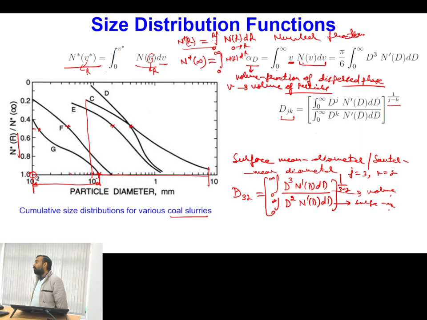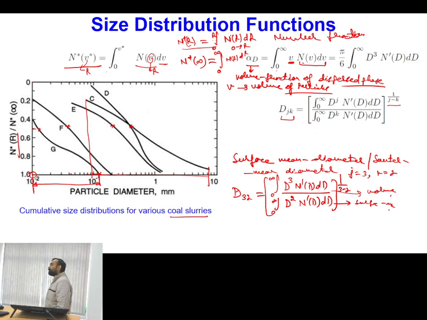So whenever we analyze the hydrodynamics of a particle in a fluid medium, because we have to balance the body and surface forces, we should use the Sauter mean diameter, which will be a good representative for this type of problem.